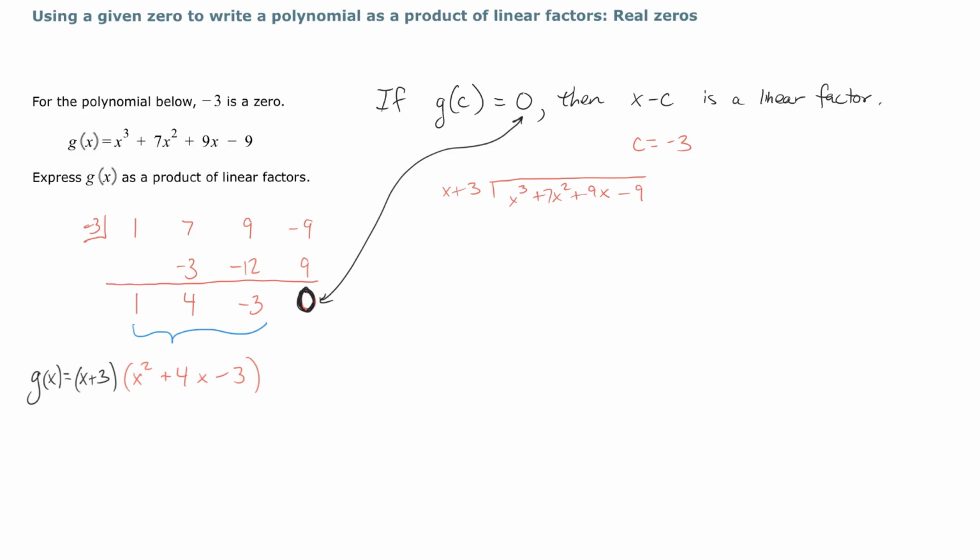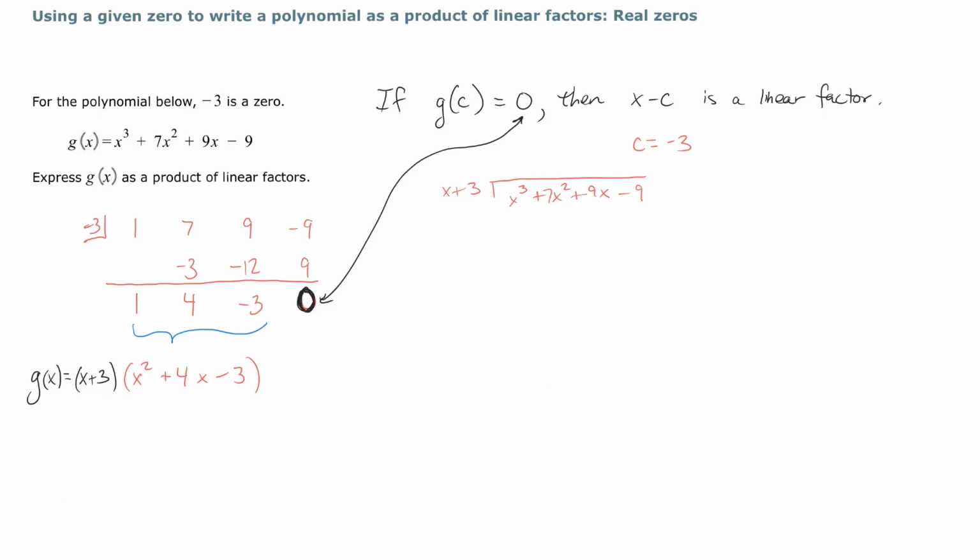And we want this in terms of linear factors. We now need to break this quadratic expression into 2 linear factors. Remember that -3 is a 0, so we're going to take advantage of that.